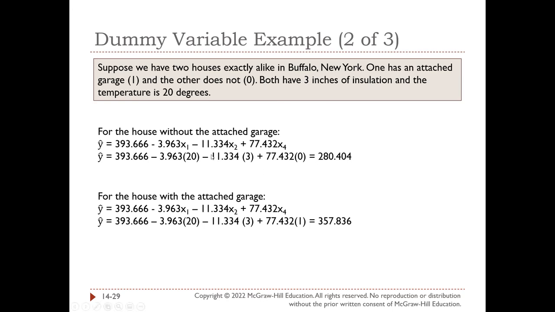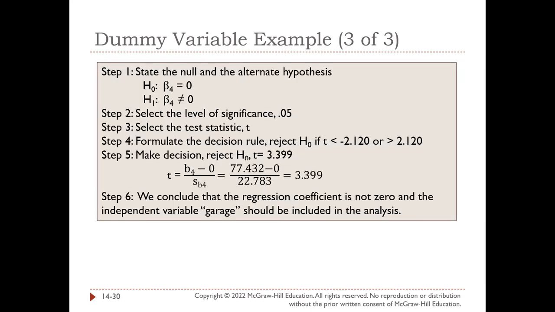So we find out that without an attached garage, the heating cost is $280, while with an attached garage, the heating cost jumps up to $357. So now we can run our test to see if that actually works out.